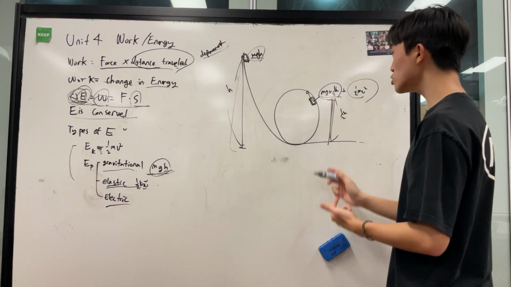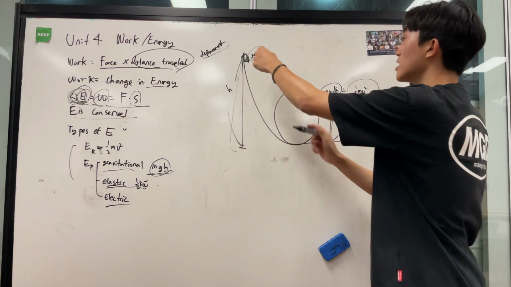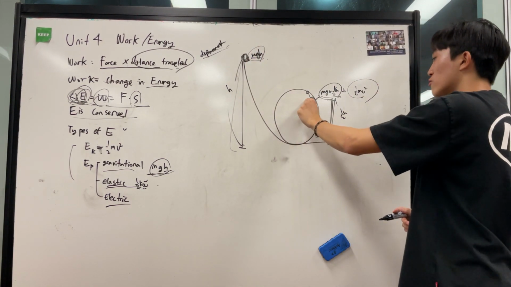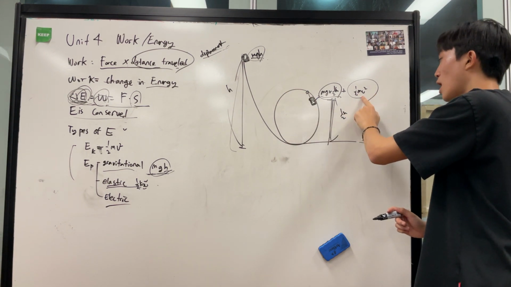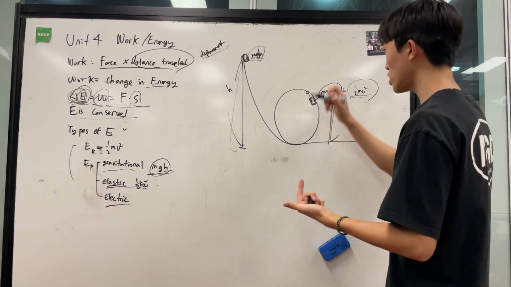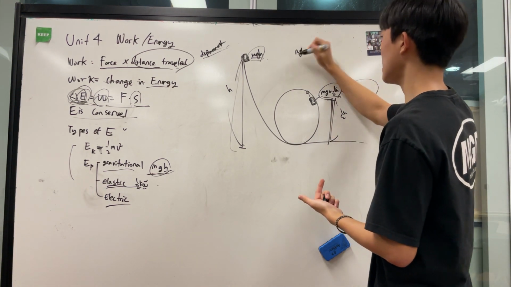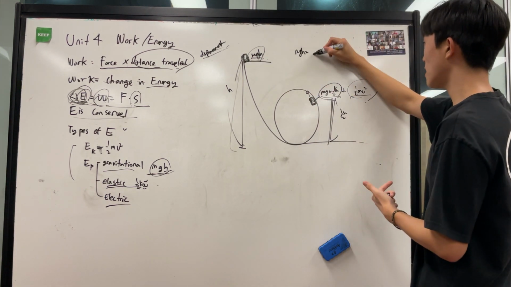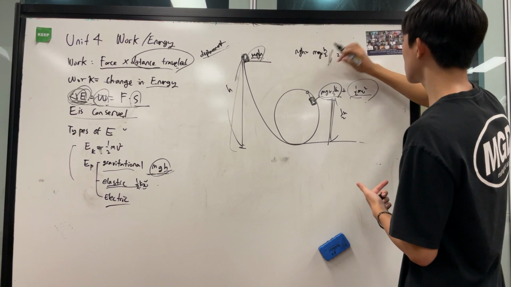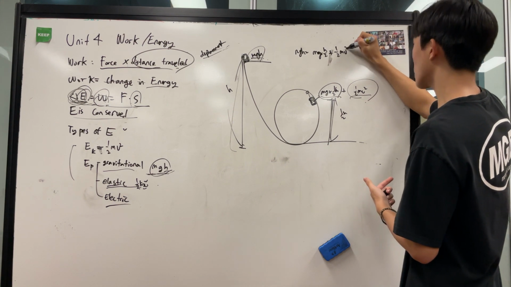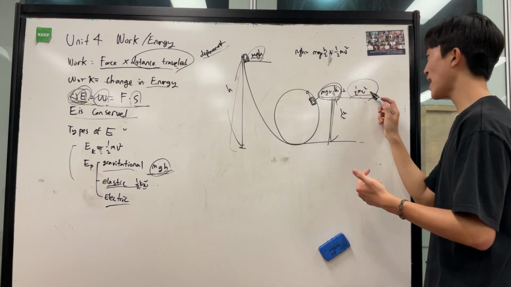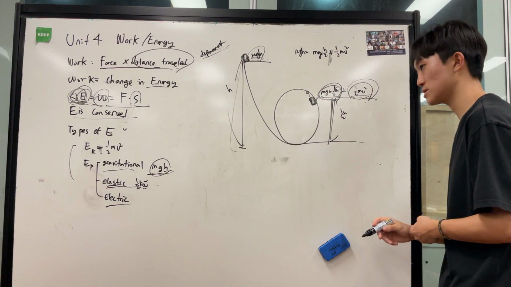Because the roller coaster is moving at this point. Initially you just let it move down, so you don't have any velocity, but at this point, you will have the roller coaster moving, thus you will have kinetic energy, 1/2 mv squared. Thus, you can make an equation that mgh, which is the initial energy, is equal to mg 1/2 h plus 1/2 mv squared, which is the final energy, the sum of the potential energy and the kinetic energy at this point.